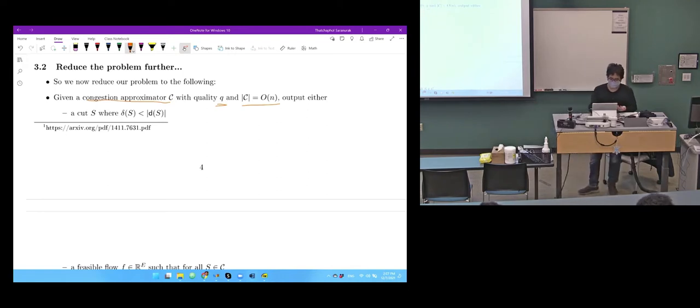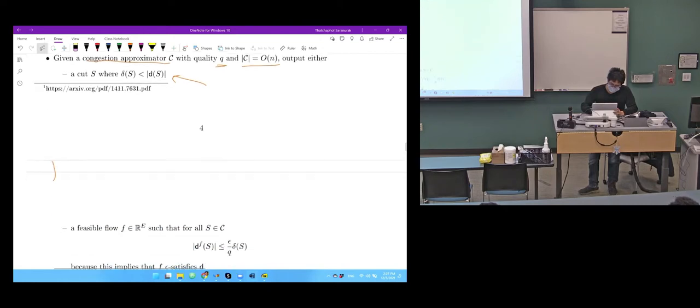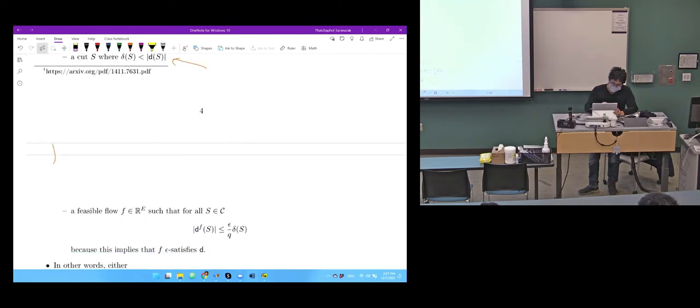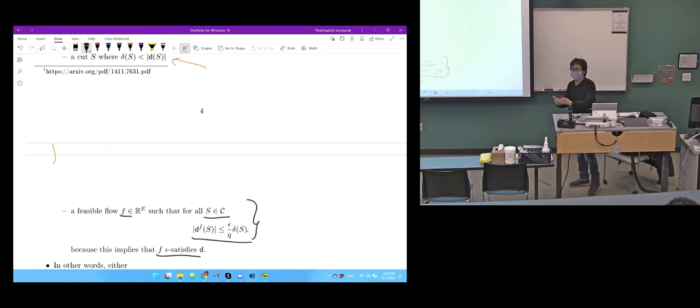You can either find a violating cut, or you just find the flow such that this is true for all sets in the family. Because once you know this, you know that F epsilon-satisfies the demand. So now this goal looks much more manageable. There are just n cuts that you need to care about.